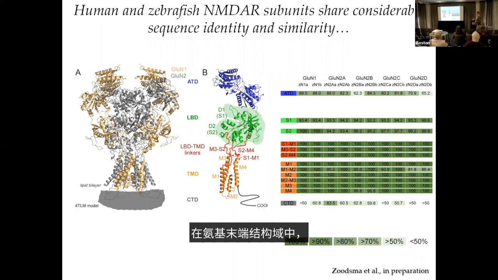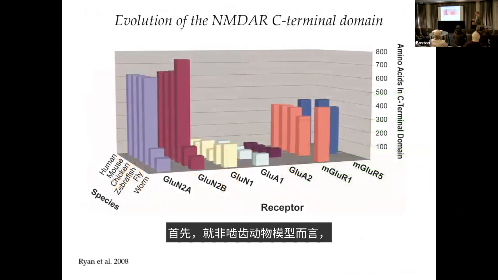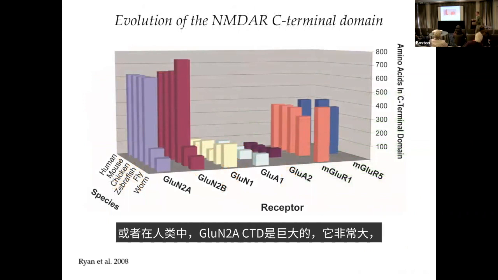In the amino terminal domain, there's a little less sequence similarity, but the key functional domains in the ATD are highly conserved. The CTD has less conservation, but I just want to point out 2 features of this. The first is that in non-rodent models, or in humans, the GluN2A CTD is huge. It's very large.